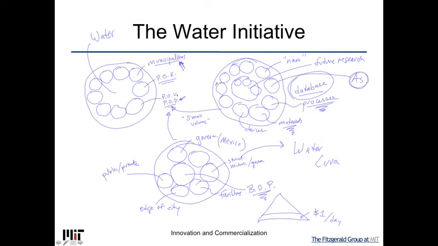So as we iterated and we looked at the point of use devices, it became clear that the application space where the point of use devices need to be used with arsenic started to be the convergence between market and technology affecting each other. And then it turned out that a combination of public-private partnerships developed later, but initially the base of the pyramid was the way that the product was first implemented.